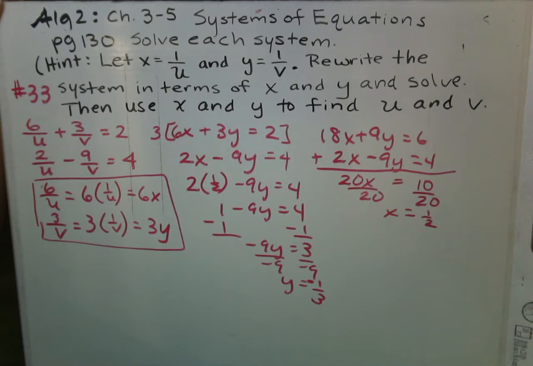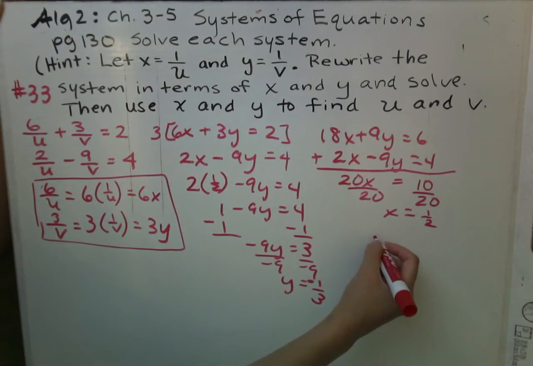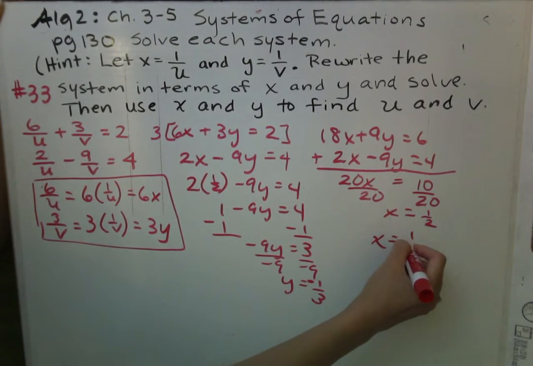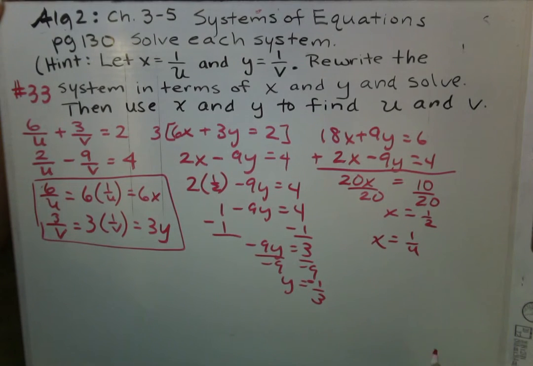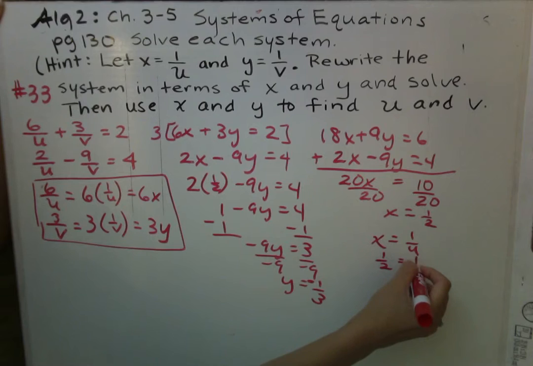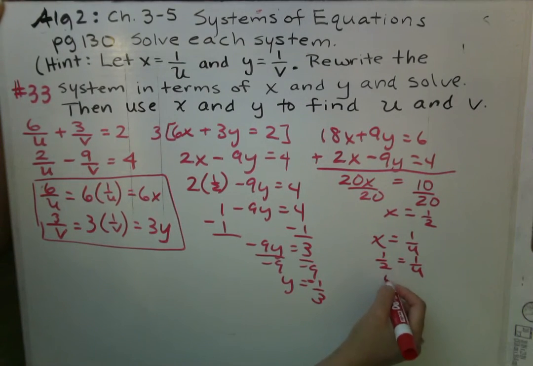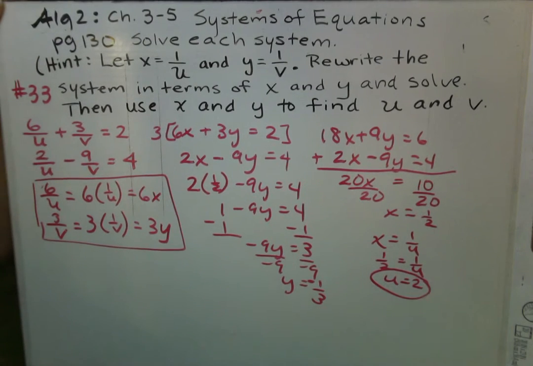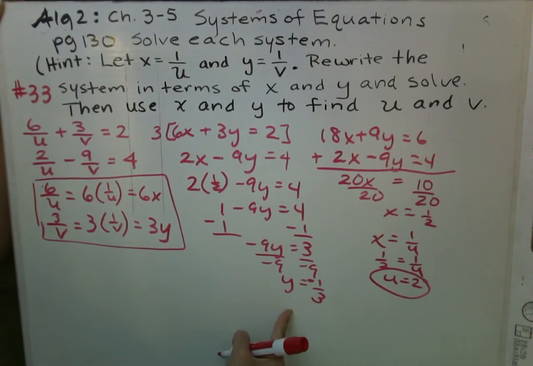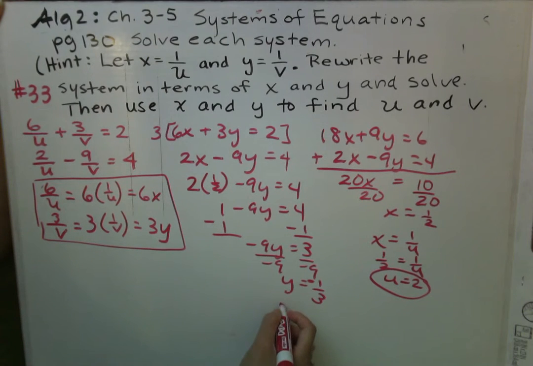Now we're not exactly done yet because we have to find u and v. So how do we do that? Well, we know that x equals 1 over u. So x is one half, equals 1 over u. If we're solving for u, we can cross multiply, so u equals 2. So we found u. Now we have to find v. If you remember, y equals 1 over v, which is equal to negative 1 over 3.